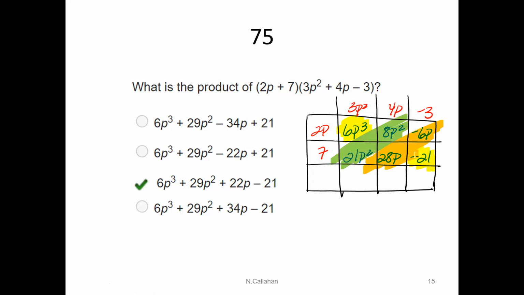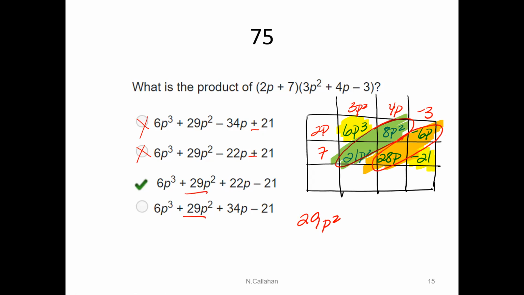So looking at the things I'm highlighting, immediately you should go, okay, there are 2 answers that I cannot have, because this is a -21 and this is a positive and a positive. So it's not A or B. So it could either be C or D. But then let's take a look at the first middle number. 21 plus 8 is going to give you a 29p squared. Okay, both of them have that, so that didn't help me at all.